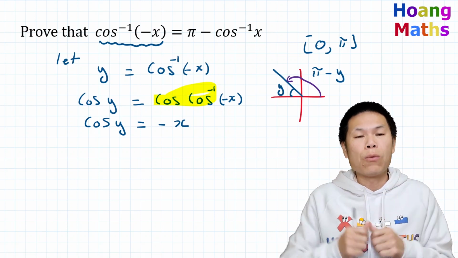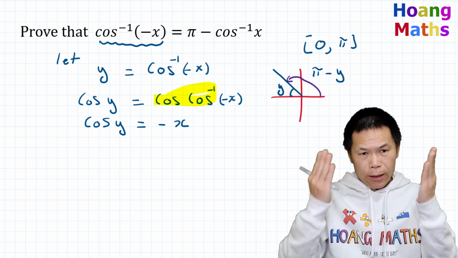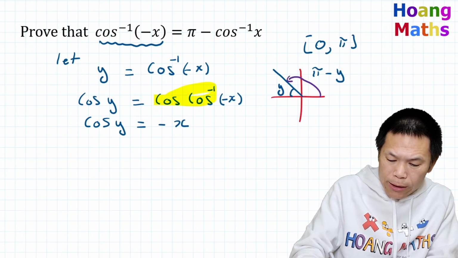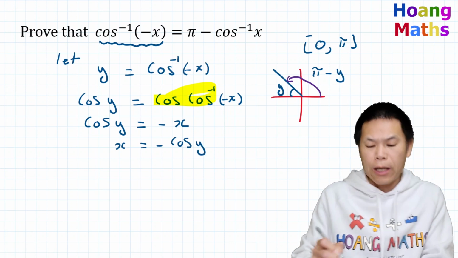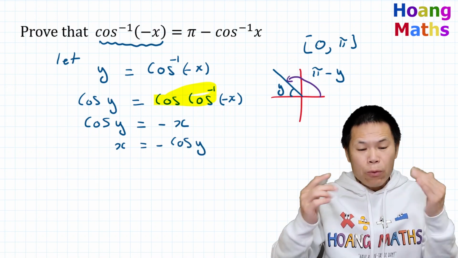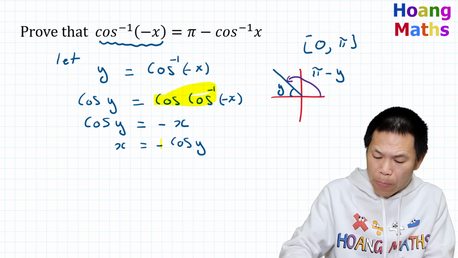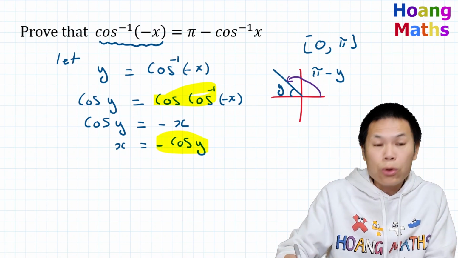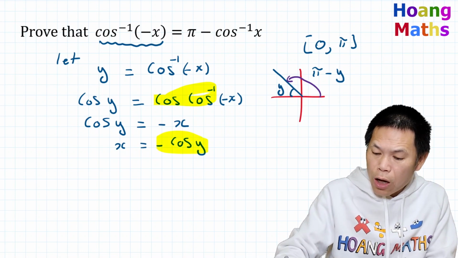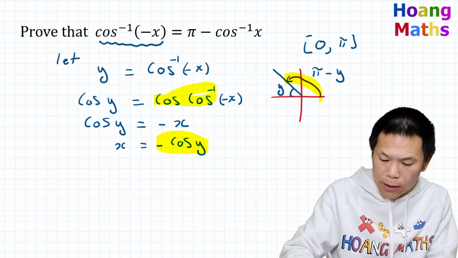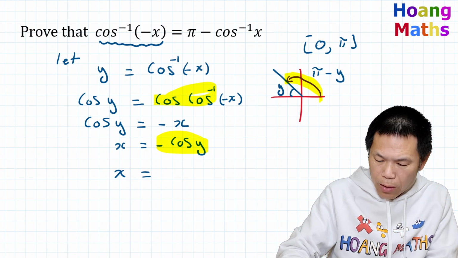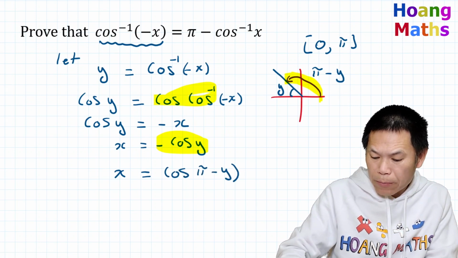Since cos of y equals negative x, I can also write x is equal to negative cos of y. But then we know that negative cos of y is equal to cos of pi minus y, this angle here. Okay, so x is equal to cos of pi minus y.